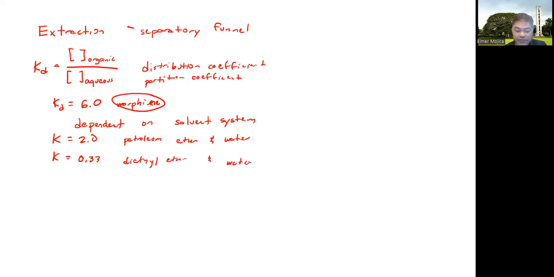So what does it mean? Which one are you going to use in your system to extract more morphine? Or which solvent system are you going to use? Or how are you going to interpret this data?